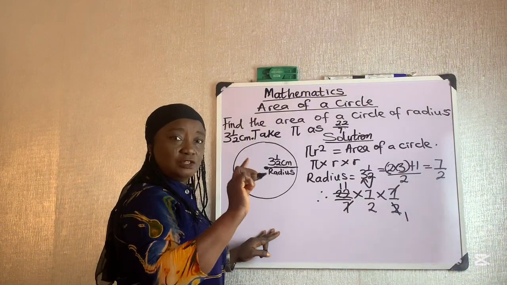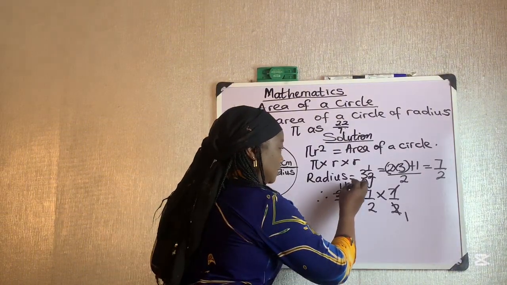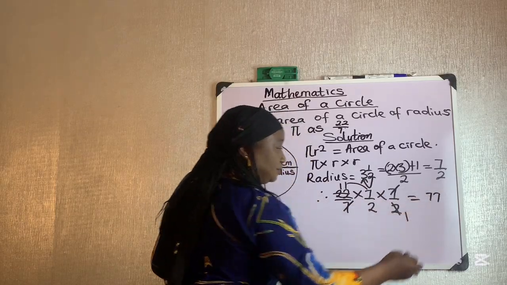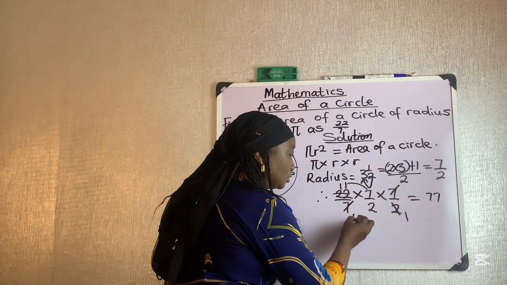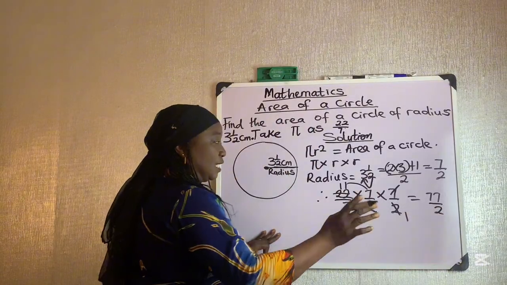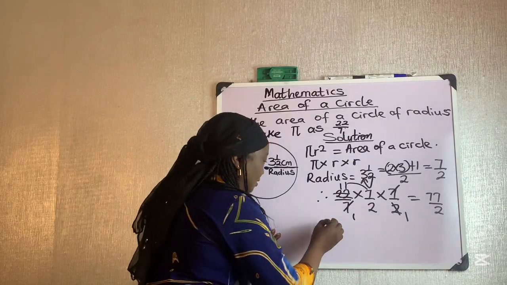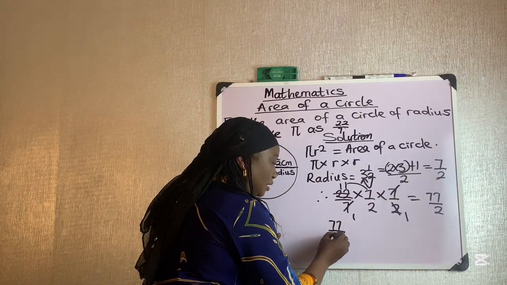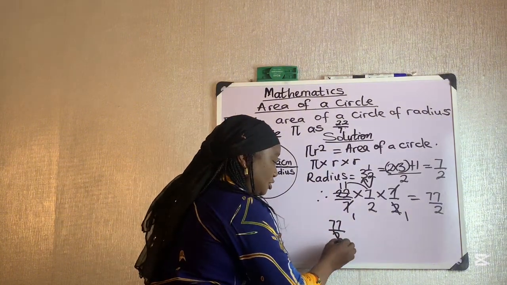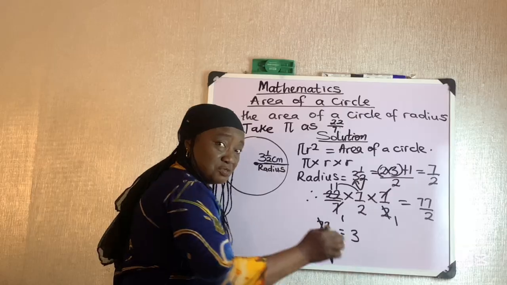Then we multiply the numerators and denominators. 11 times 7, 77. 2 times 1 is 2. For clarity, I will bring this down to get the final answer. 77/2. Then we divide. 2 into 7 is 3, remaining 1.